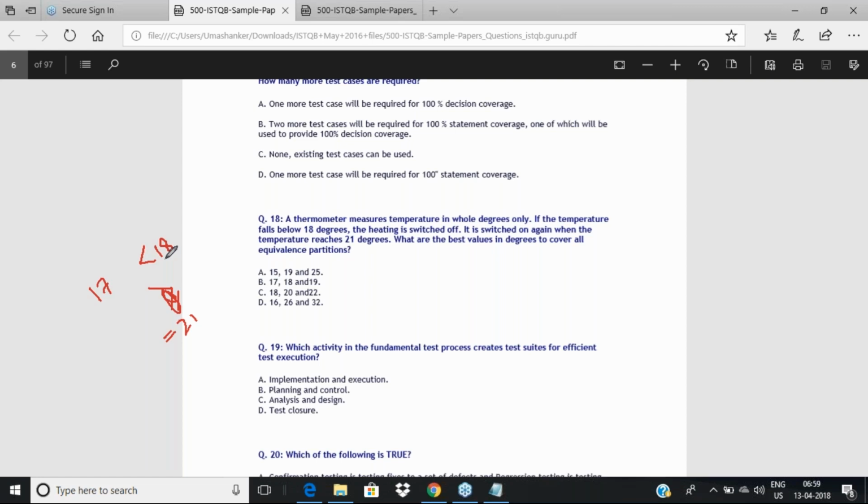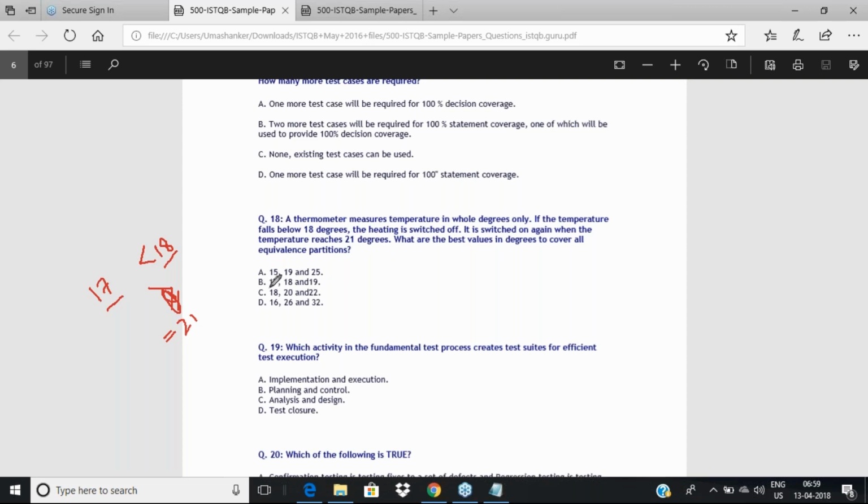And 18 is on the border, so we need 18 also. And 19 is nowhere in the picture, because even if I take 21, the border values can be 20 or 22. So B is not an answer.